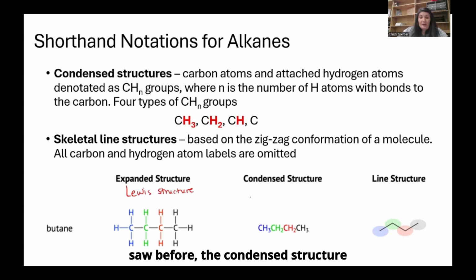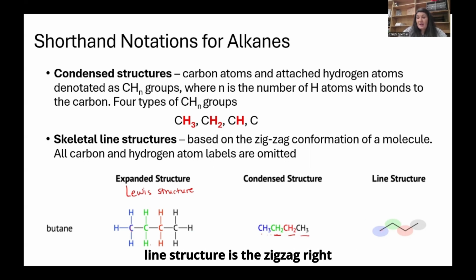What we saw before, the condensed structure, is showing this carbon bonded to 3 hydrogens as a CH3 instead. This green is CH2. It's shown as CH2, another CH2, and then it ends with CH3. We usually write it left to right because we read left to right, so that's usually how it's written in the condensed structure.